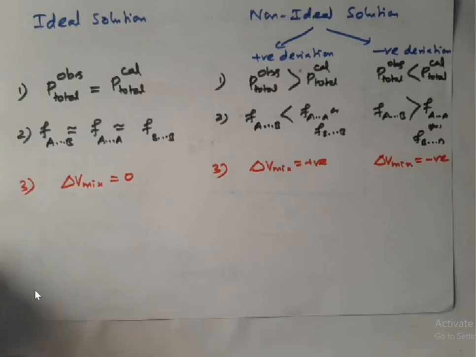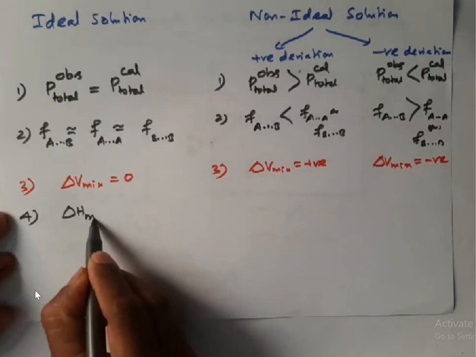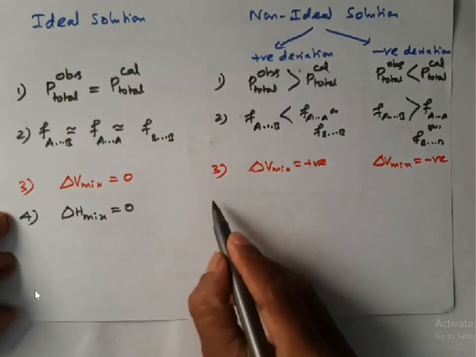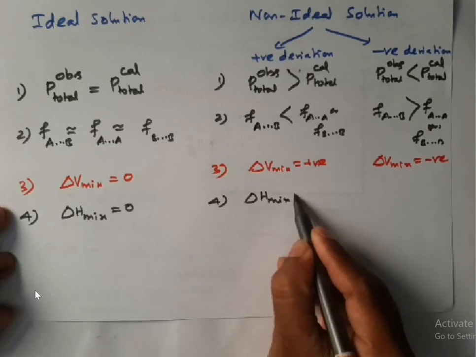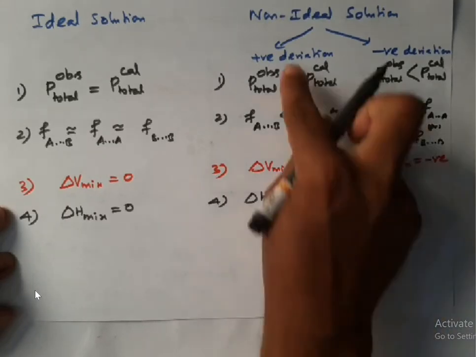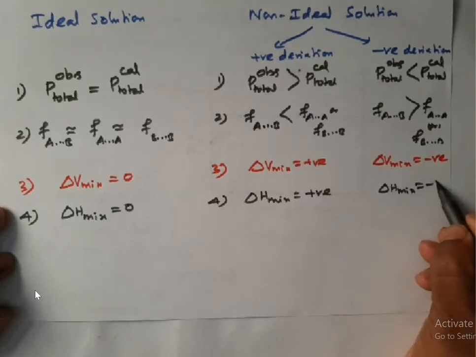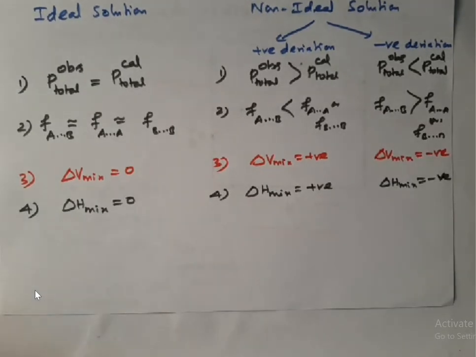Then next point, delta H mixing. Delta H mixing is 0 for ideal solution. For non-ideal solution, delta H mixing is positive for positive deviation and delta H mixing is negative for solution showing negative deviation.